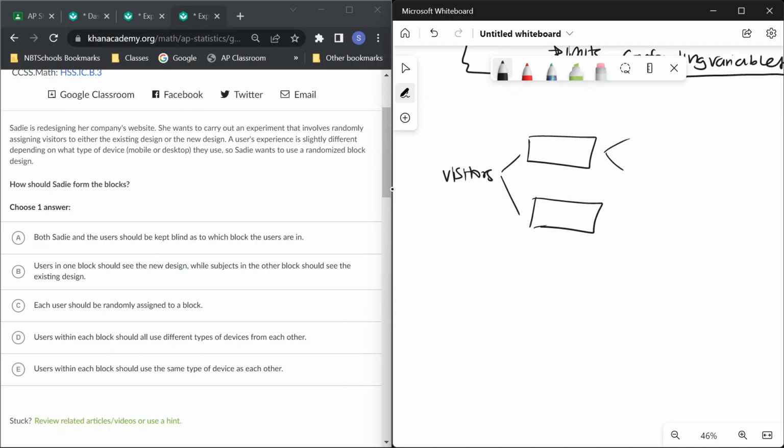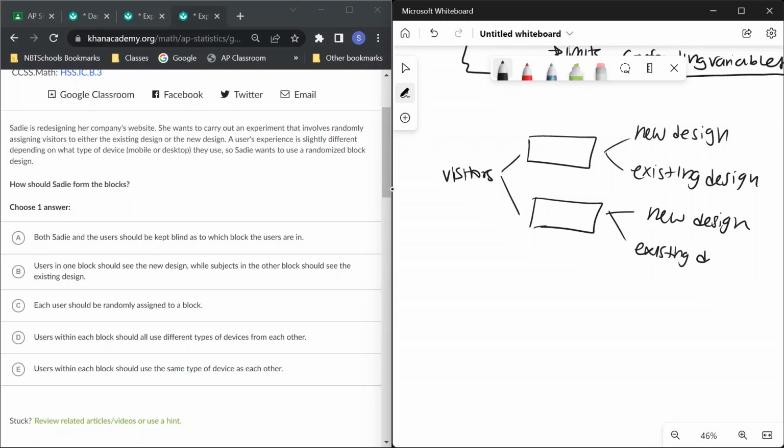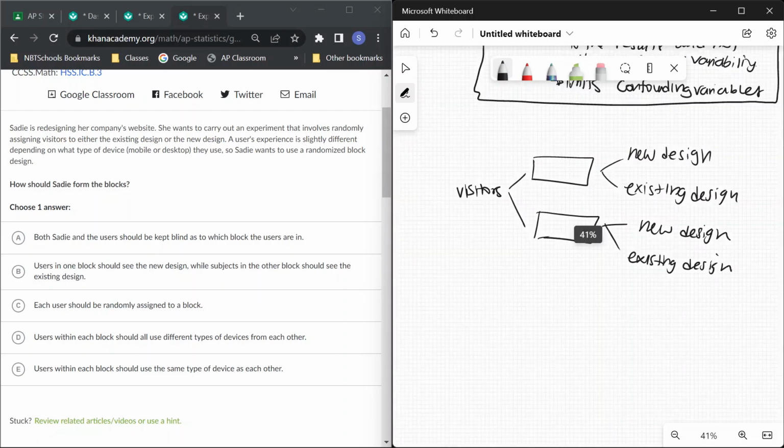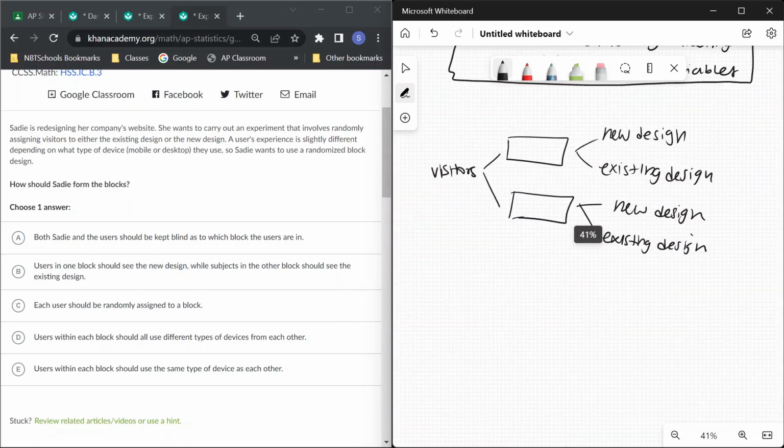And then from there, she's randomly assigning them to either the new design or the existing design. And then she's comparing, what is she comparing? She wants to carry a user experience slightly different.